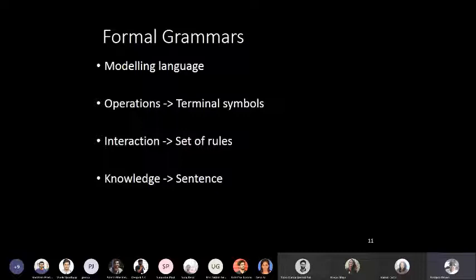In a Mac type of system you can only click. On a smartphone based system you can also have operations in the form of tap and dragging. So we can combine the terminal symbols in the form of rules to design interaction, and the set of sentences that can be designed can be modeled as knowledge to perform a certain task.